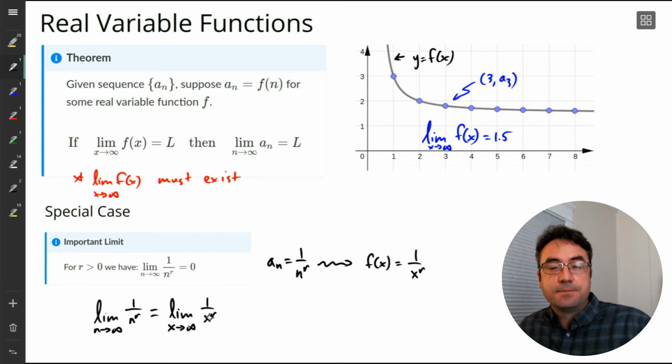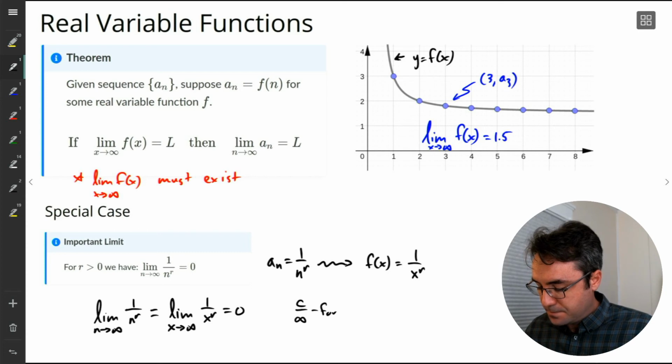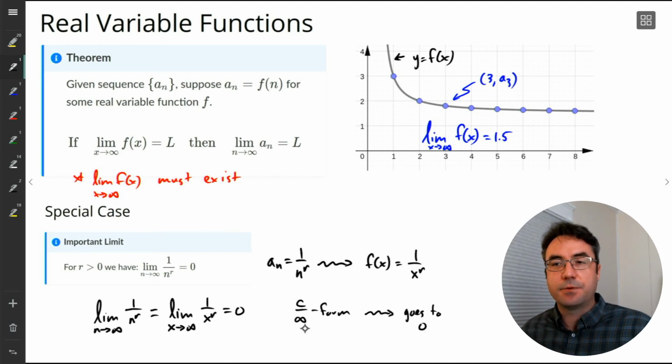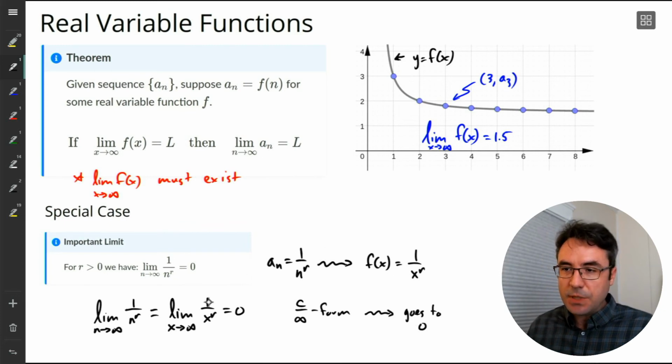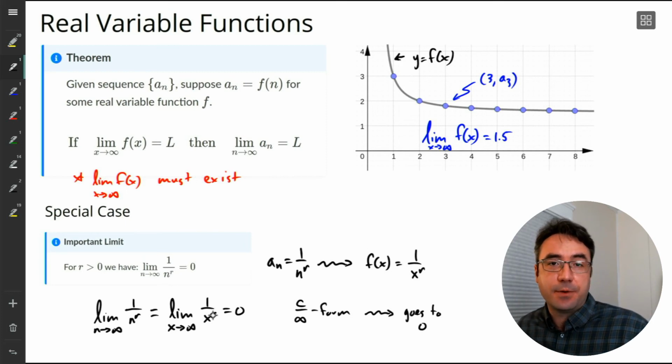This was our c over infinity form, and so it was equal to 0. So when we have one of those c over infinity forms, we know it goes to 0.